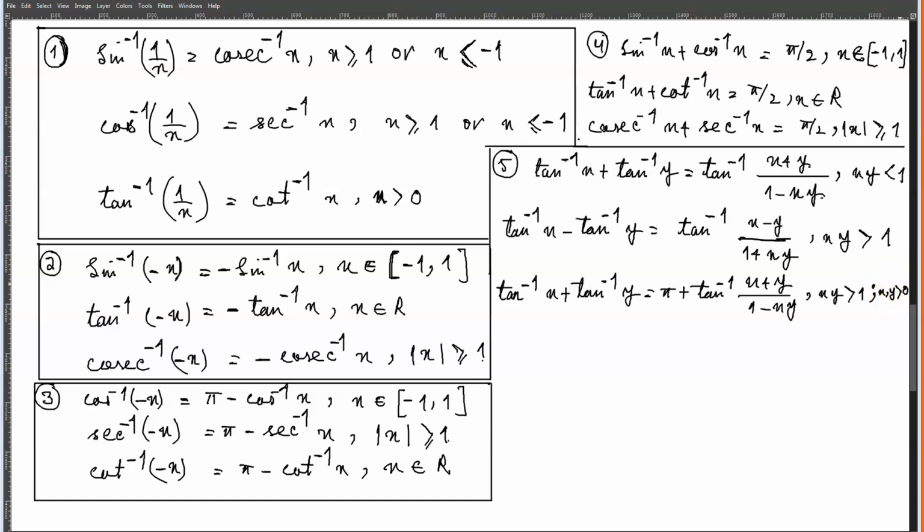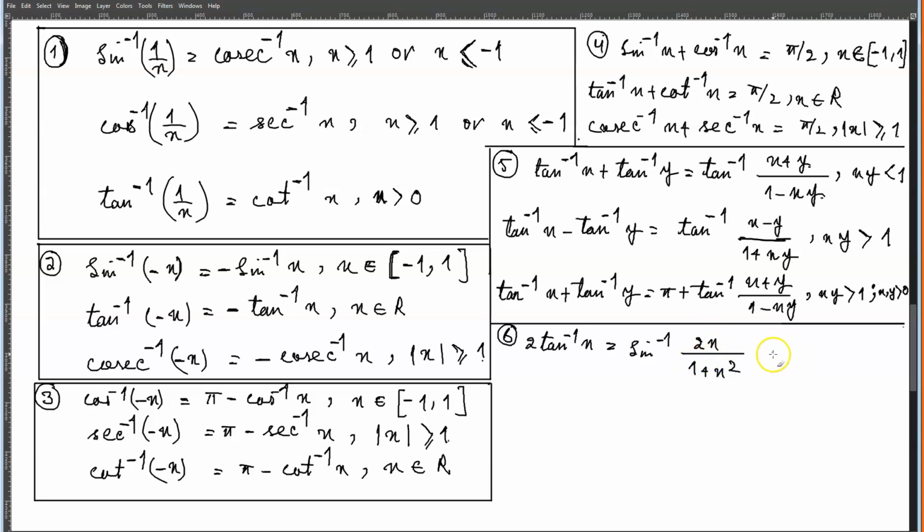And the last part, which was part 6, we said that 2 times tan inverse of x is equal to sine inverse of 2x over 1 plus x squared for the absolute value of x less than or equal to 1.